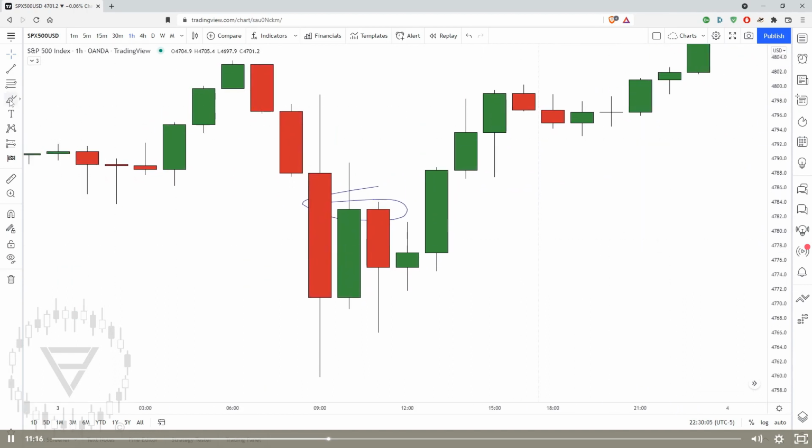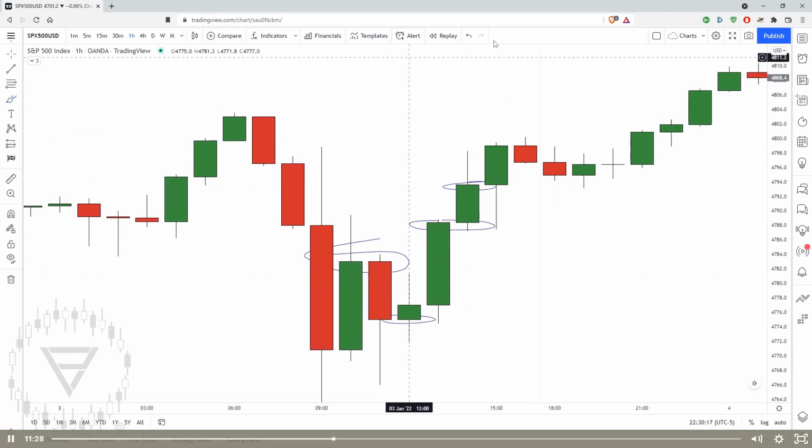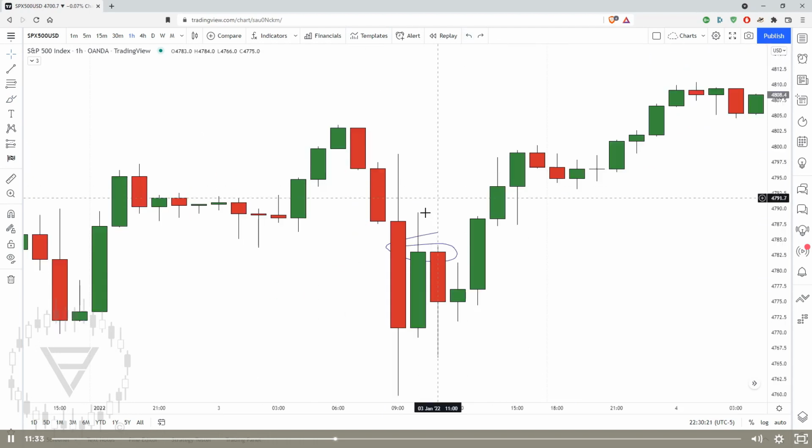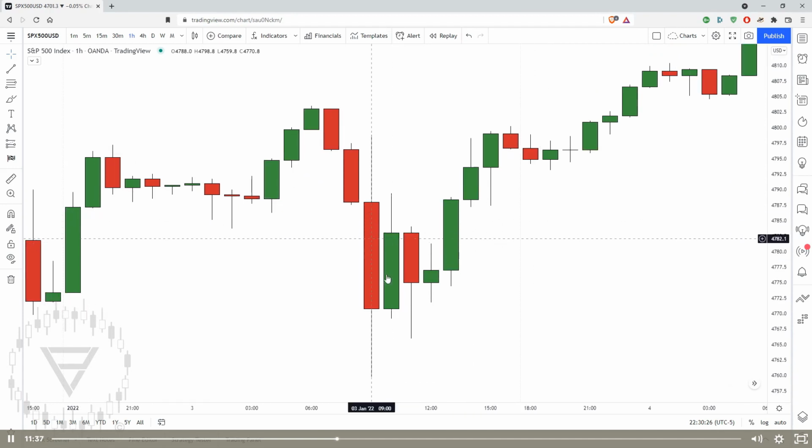So you can see how the closes and the opens of candlesticks always coincide at the same levels. And then for each candlestick, you can see how we have all the bodies, and then we have the extremes of the wicks.